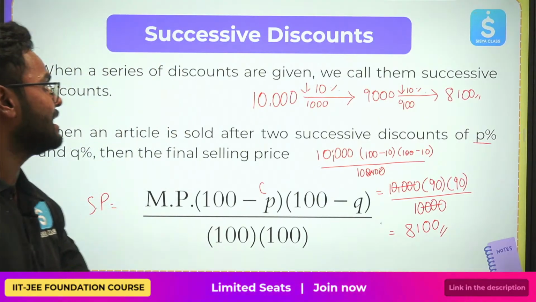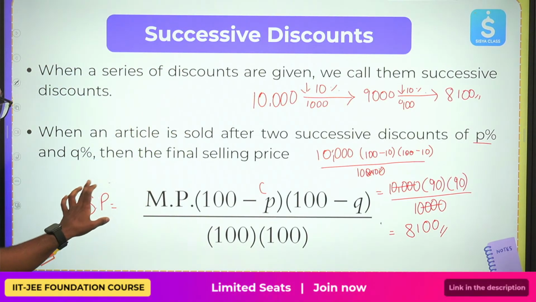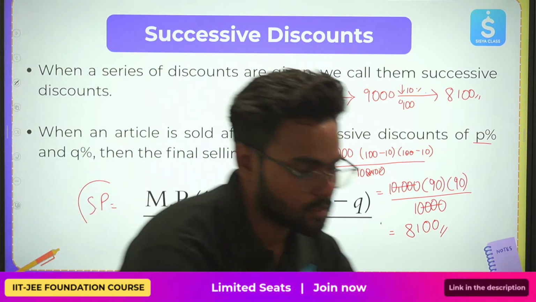So this is how you calculate successive discounts in finding the selling price. Hope you understood this. Just a second.